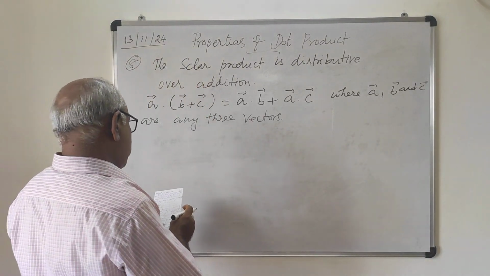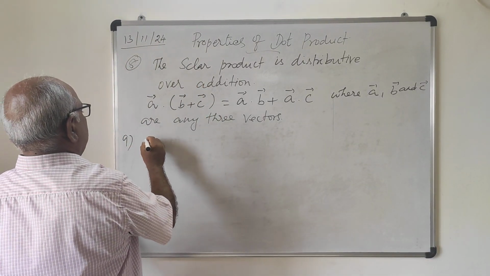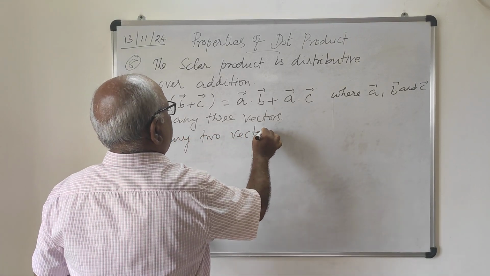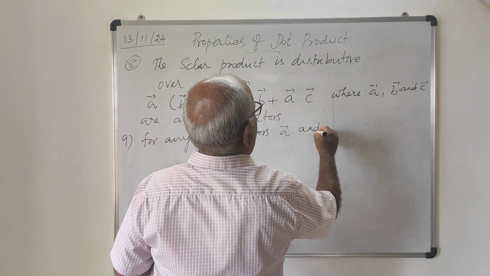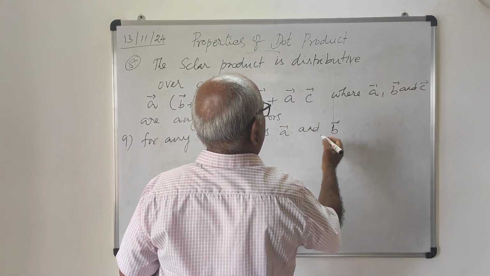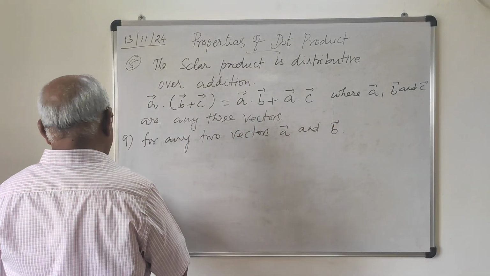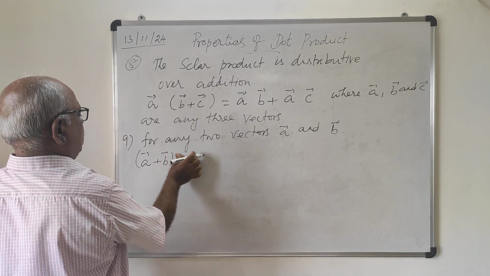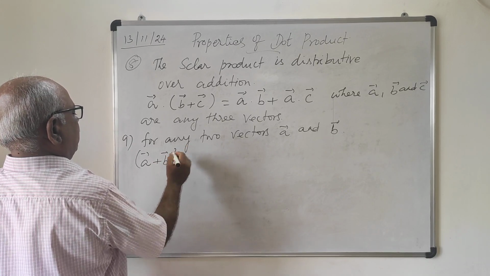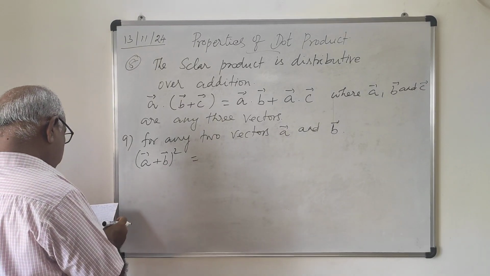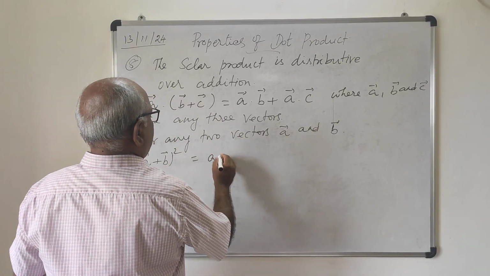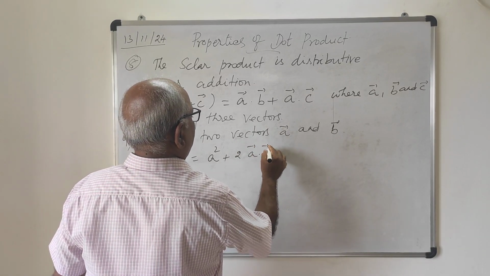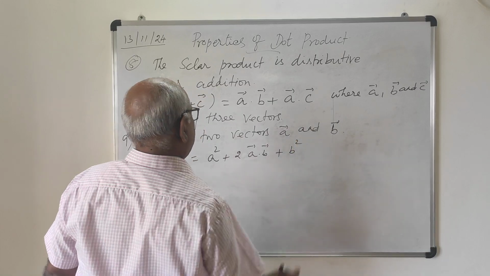Next property, for any two vectors A and B, (A vector plus B vector) the whole square is equal to A square plus 2 into A dot B plus B vector square.